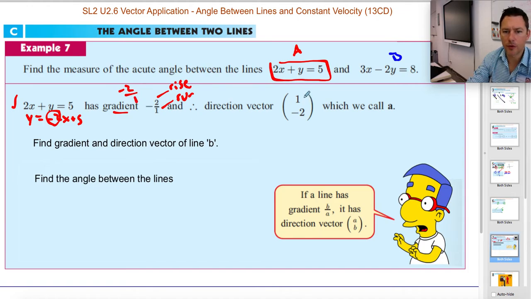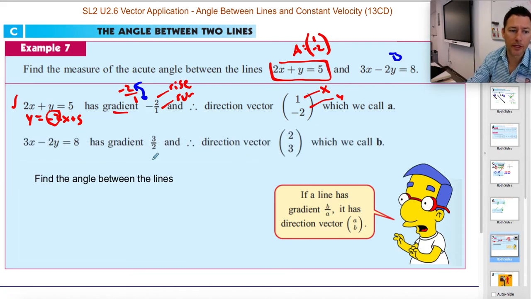Well, in the direction vector, the first is the x change and the second is the y change. So all you have to do is take your slope and flip it upside down: 1 and -2. Great. So A has a directional vector of 1, -2. Try the same thing for B. Go.